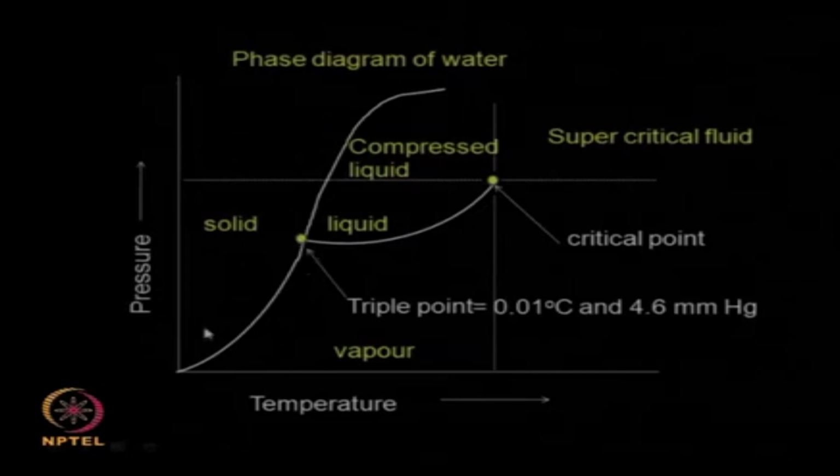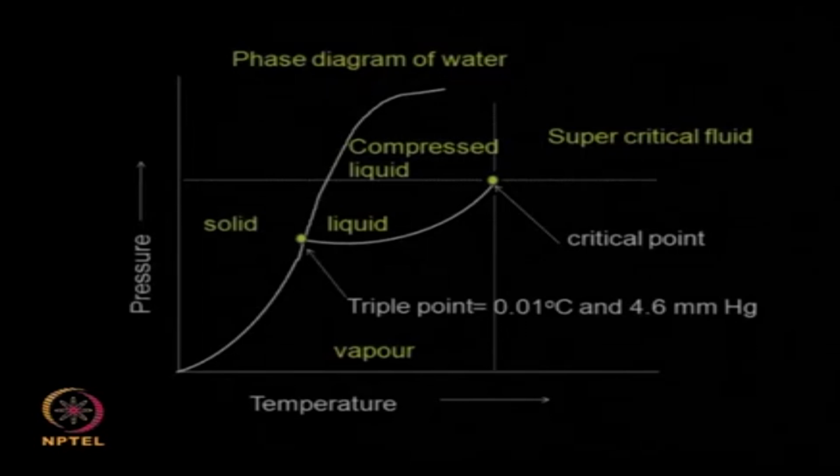So if you are operating in this region, if you are doing a lyophilization, all you need to do is reduce the temperature so that the ice is formed, and then you play around with temperature and pressure so that the ice directly goes into vapor. By doing this alternatively, we can slowly remove whatever water is present to a vapor form.